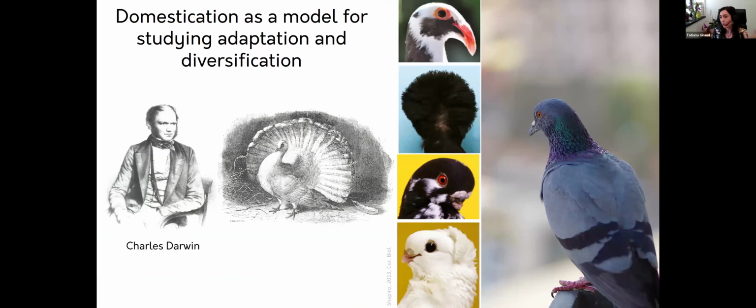As you all know, domestication has been used since Charles Darwin's time to understand evolution and adaptation. He used pigeons, for instance, to understand how the diversification of life occurred and how adaptation occurs, using artificial selection as a model for understanding natural selection.